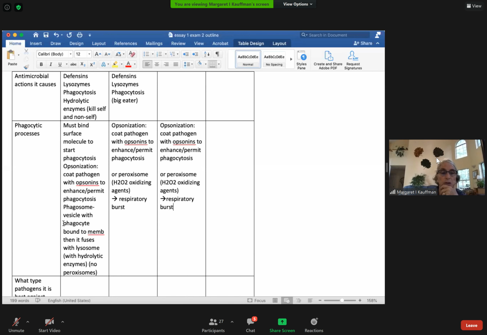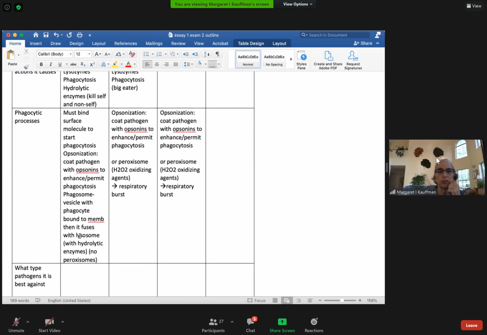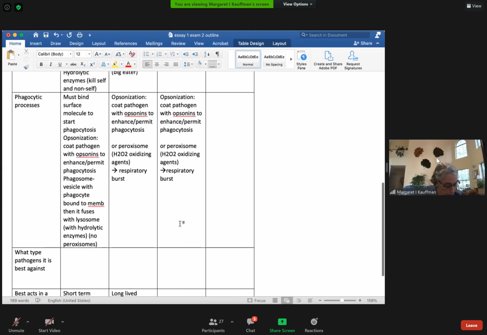So I don't know of any peroxisome and respiratory burst in these guys, but it's possible it's true. I think our book just talks about these two doing a respiratory burst. Well, they only talk about this one, but my guess is that one. They're very similar cells. Okay, so that finishes up your group.